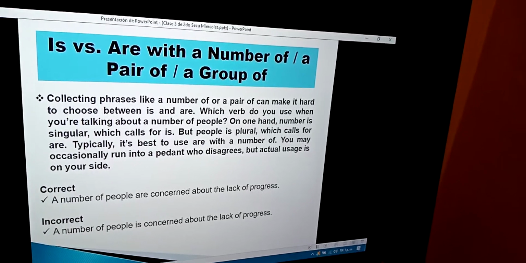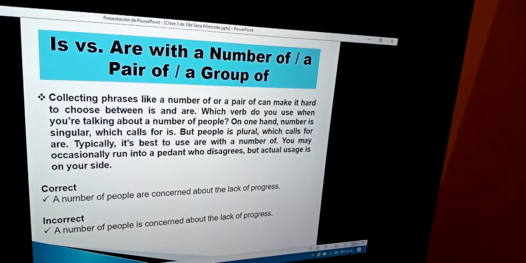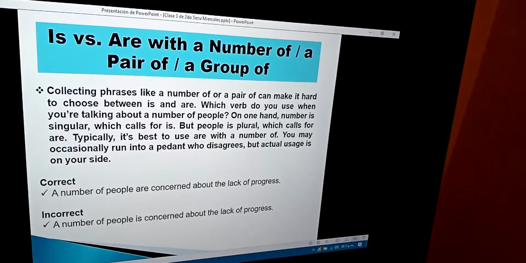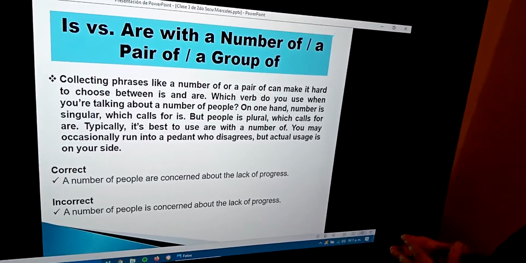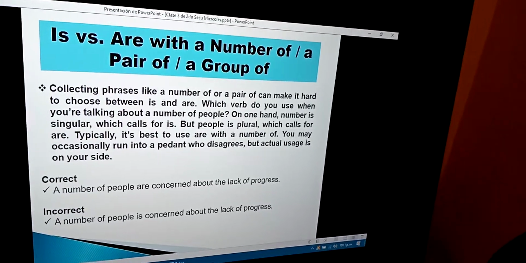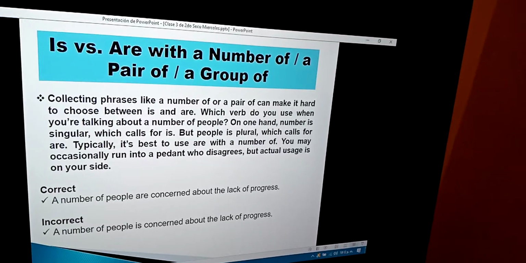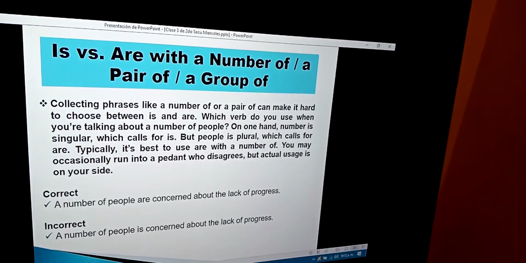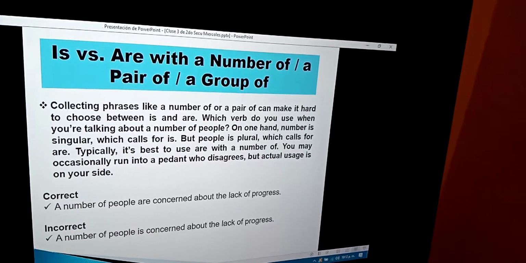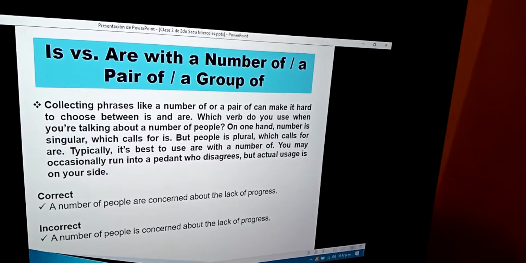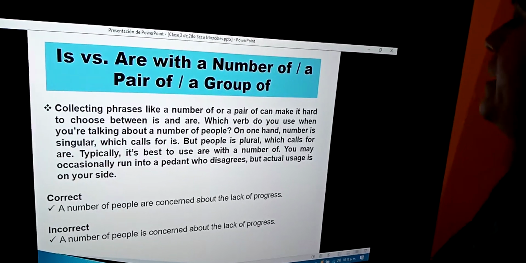Which verb do you use when you're talking about a number of people? On one hand, number is singular, which calls for is. But people is plural, which calls for are. Typically, it is best to use are with a number of.